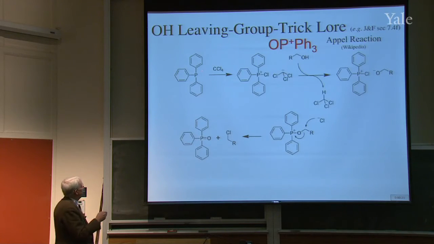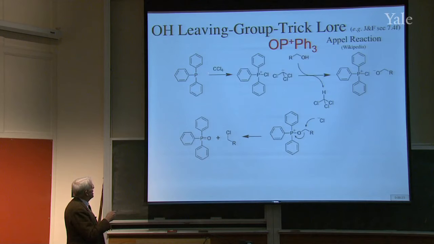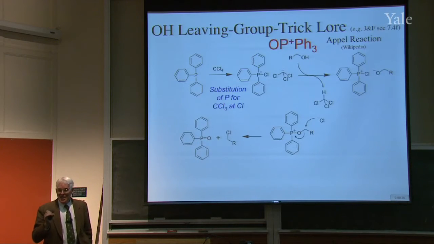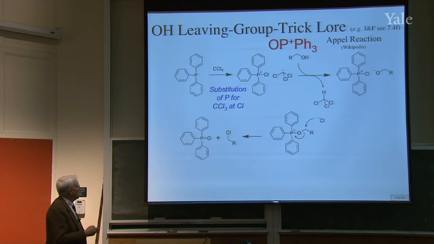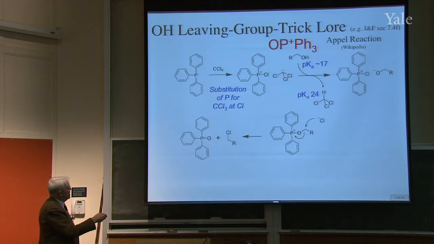But as you see, what happens is the unshared pair on phosphorus does a substitution on carbon tetrachloride, but the phosphorus attacks chloride, not carbon. So it attacks the chloride, and CCl3 minus is the leaving group, because the 3 chlorines are sufficiently electron attractive that the anion is not a bad anion. The pKa of chloroform is 24.